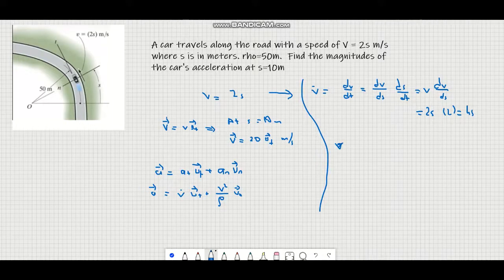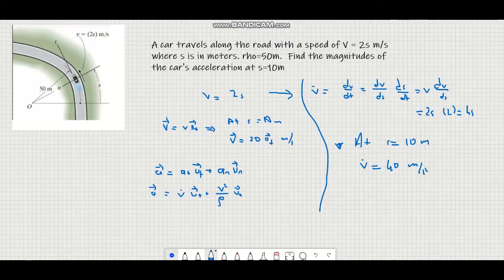So at s equal to 10 meters, the velocity derivative, which is the tangential acceleration, is going to be 4s, 4 multiplied by 10, which is 40 meter per second square.